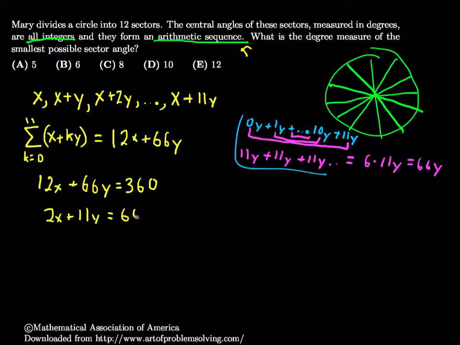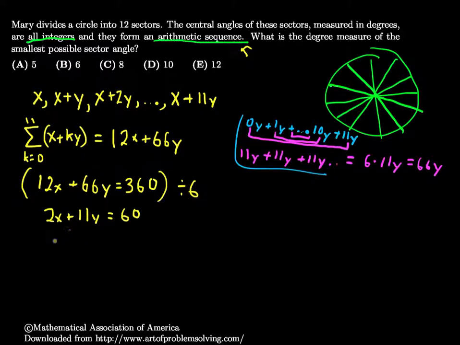Now, probably the easiest way is to figure out what y could be as an integer. So y could be anything 0 through 5. If y is less than 0, x wouldn't be the smallest term, it'd be the biggest term. And if y is bigger than 5, then x would be a negative angle, and that's not going to work out so well.